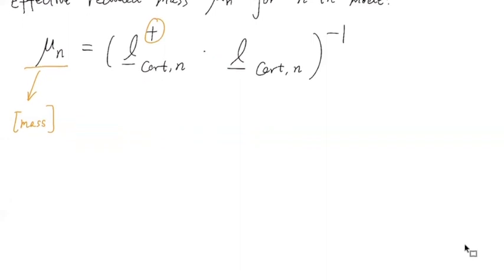If L Cartesian n is real, then the complex conjugate of L Cartesian n is nothing but the transpose. Sometimes in linear algebra, we simply write L^T. This means the transpose. You exchange row and column. Okay.